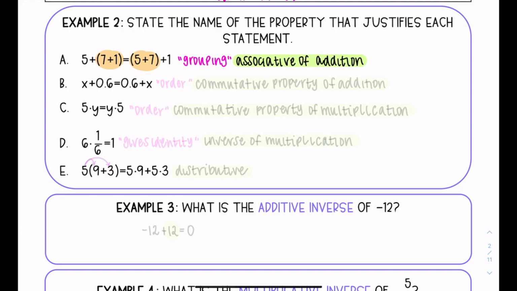What about x plus 0.6 equals 0.6 plus x? So what changed on this one is the order. And so that means that this is the commutative property of addition.